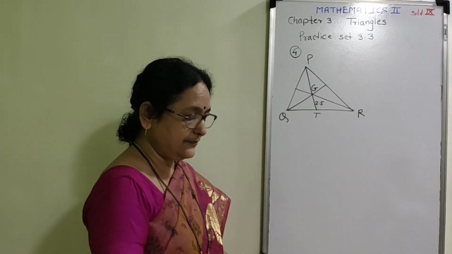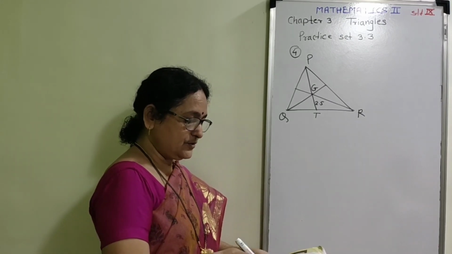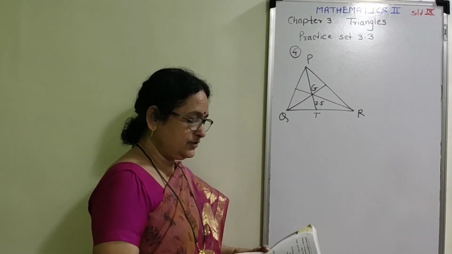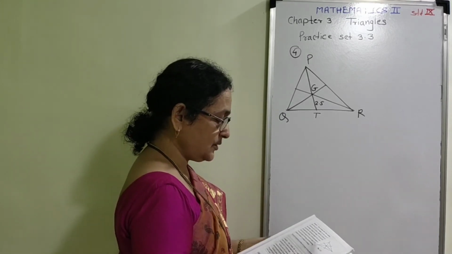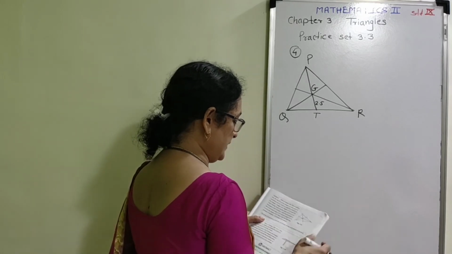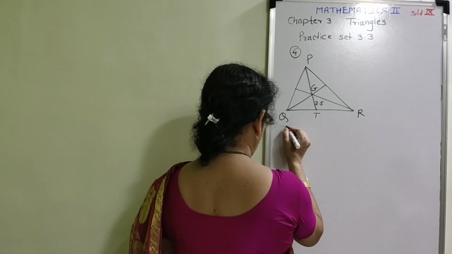Now, write first of all the property which we have already learned, that G, the point of concurrence of medians, divides each median in the ratio 2:1.